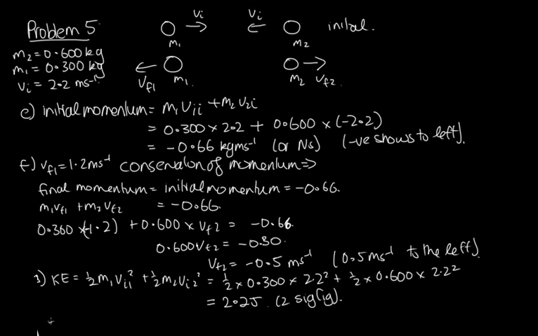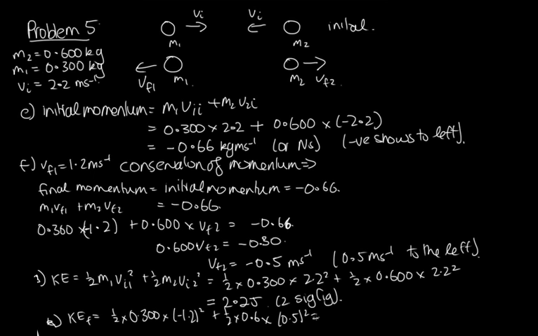And then finally, part H asks us, is the collision elastic, inelastic, or perfectly inelastic? So we need to work out the final kinetic energy in order to know this. The final kinetic energy is a half times m1, which is 0.300 times v1 squared, so minus 1.2 squared, plus a half times 0.6 times 0.5 squared.